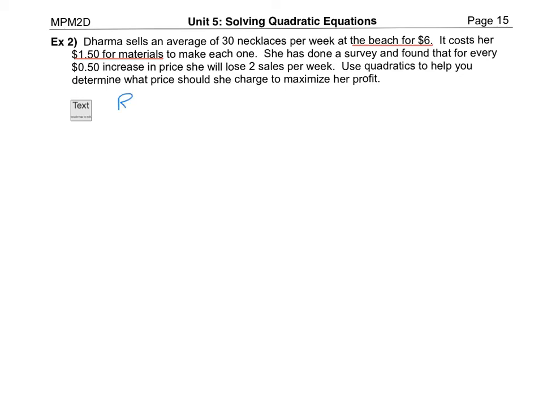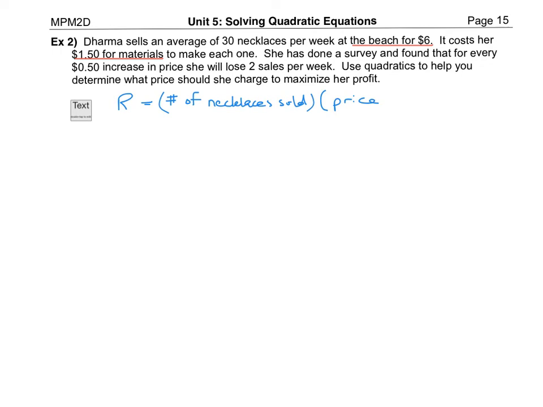Our revenue, the amount of money that Dharma makes, would be given by the number of necklaces she sells, and then we take that and multiply it by the price they're sold for. So if she's selling 30 necklaces for $6, her revenue would be 30 times 6.